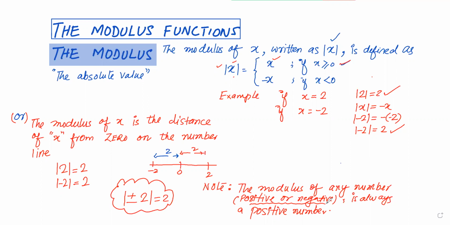The modulus of a number is also called the absolute value. So based on this basic information, if I write modulus of x is equal to 2, what are the possible values of x? Clearly from the previous discussion, x can be plus 2 or minus 2.